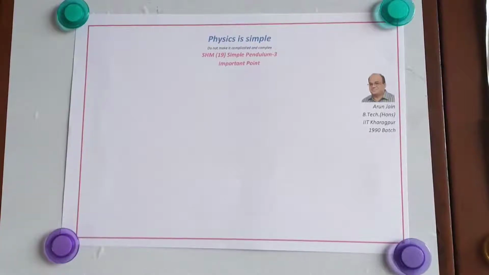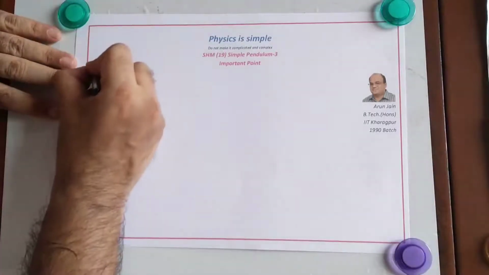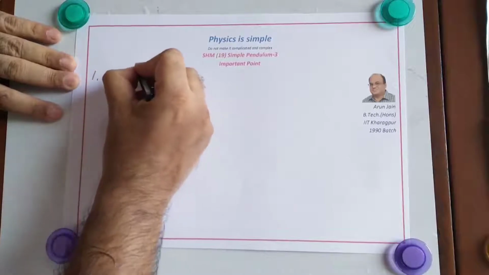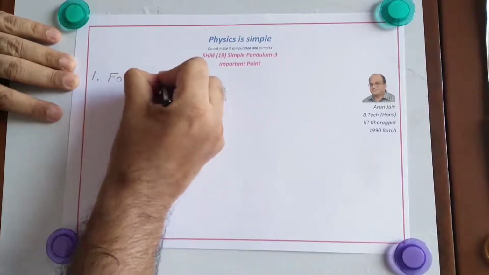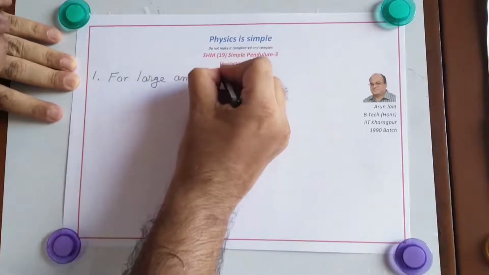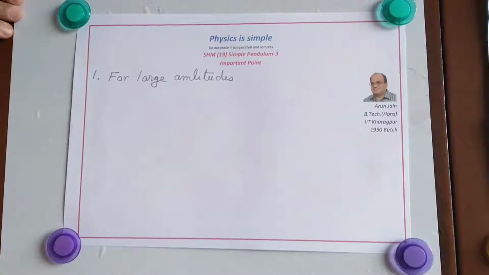In this lesson, we are going to discuss some important points about simple pendulum. The first important point is, for large amplitudes, the approximation sin theta approximately equal to theta is not valid.